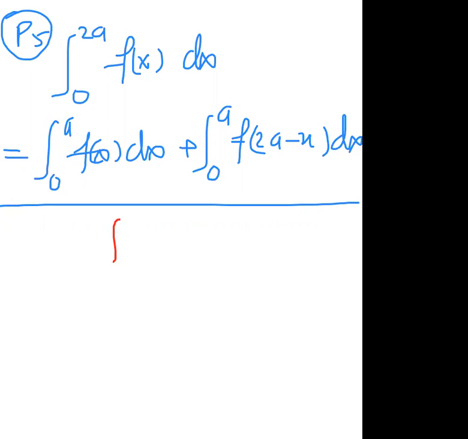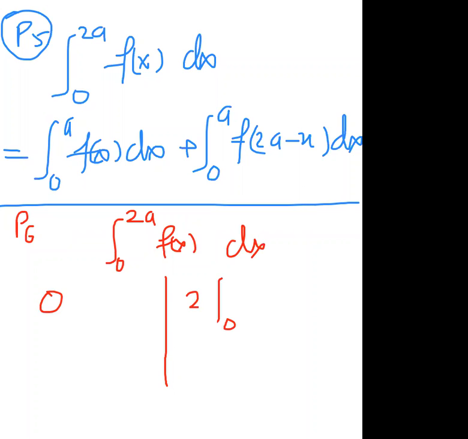P6, integral from 0 to 2a of f(x) dx. Now two slots are there. It may get value 0 or it may get value 2 times integral from 0 to a of f(x) dx.